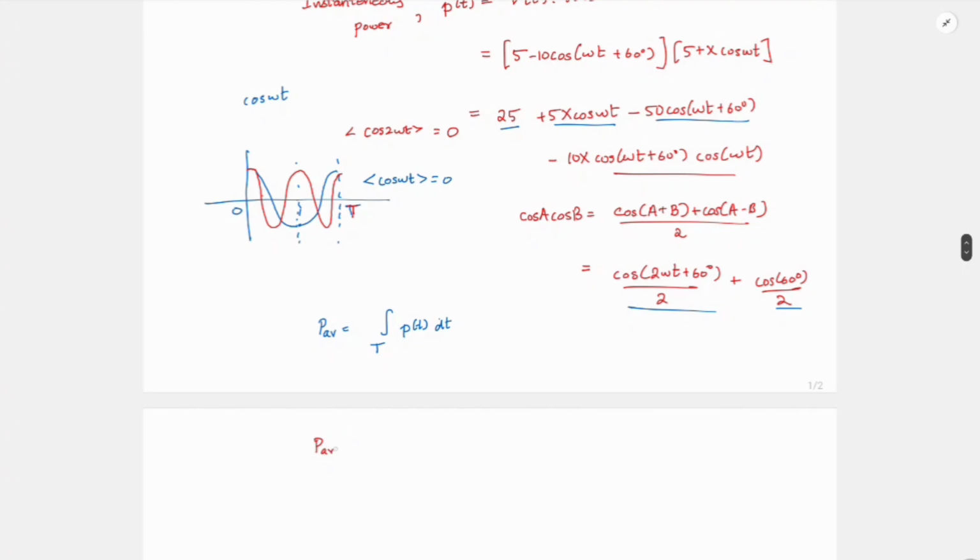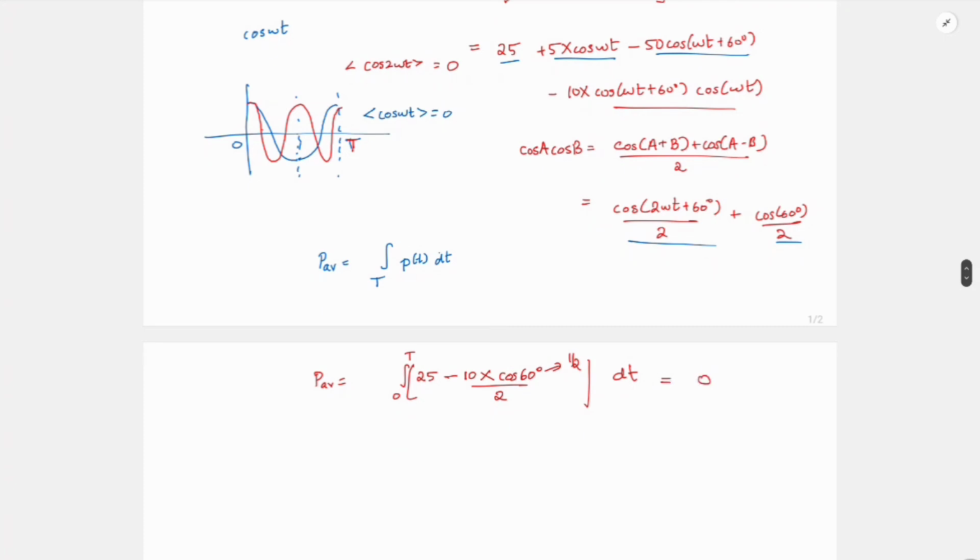So my P average is the integral from 0 to T. I'll be left with 25 plus, and minus 10x cos 60 degree by 2. And what is cos 60 degree? It is equal to 1 by 2. And this into dt is also equal to 0 for us.